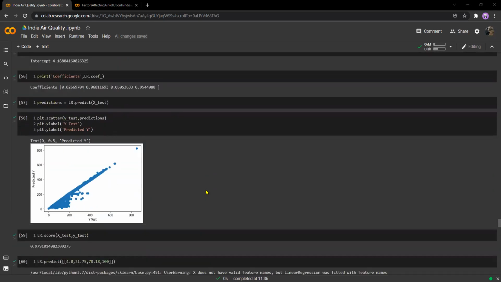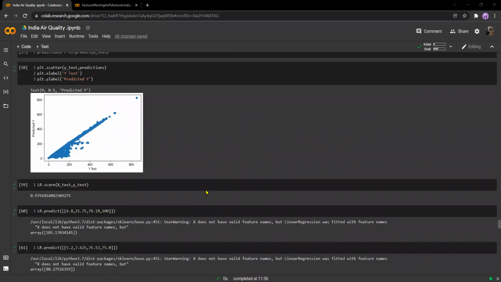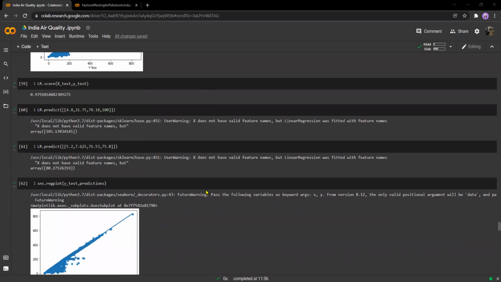Here we can see which factor influences the most and which factor influences less. We got the value of our regression as 0.97, and after prediction we have plotted each factor with the AQI to find which gives the more accurate value.